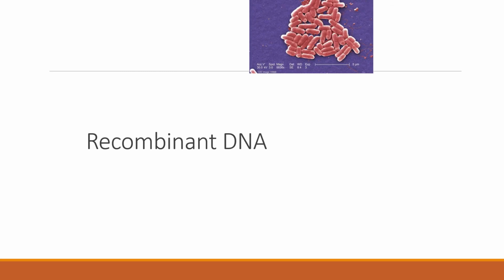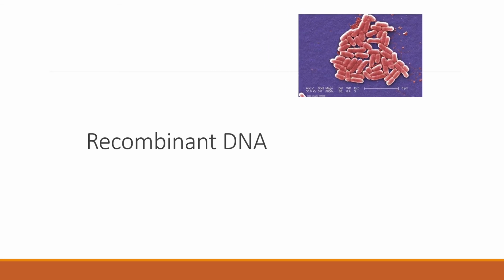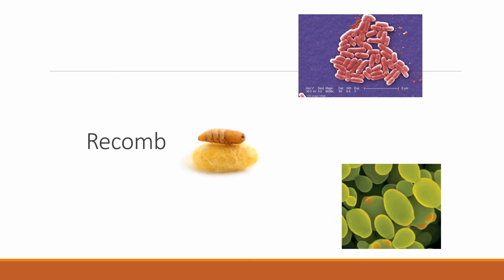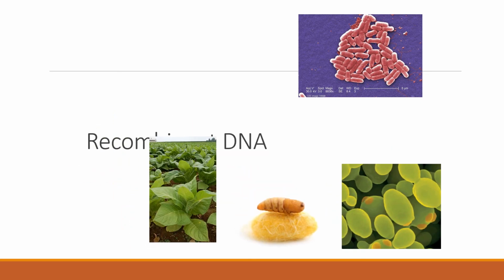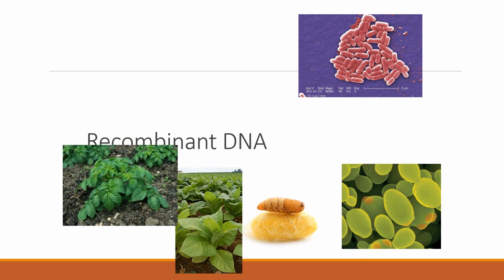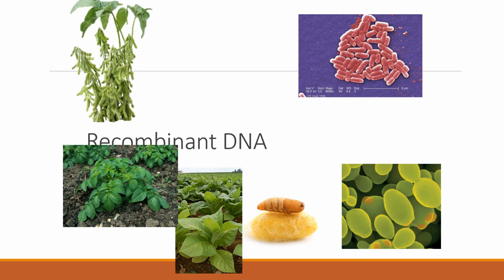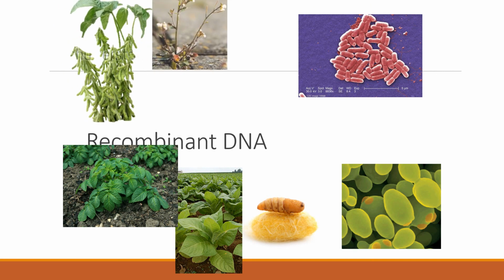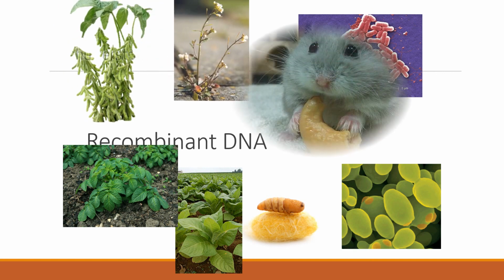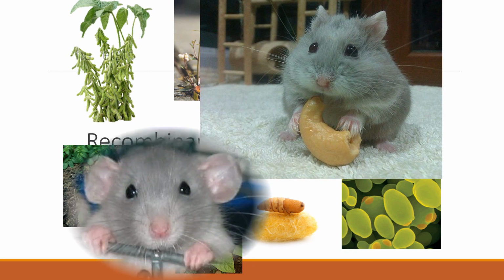Research into which species produce spider silk most effectively through recombinant DNA was done on E. coli, Pichia pastoris yeast species, silk larvae, tobacco, soybean, potato, Arabidopsis plants, and on hamsters, mice, and goats.